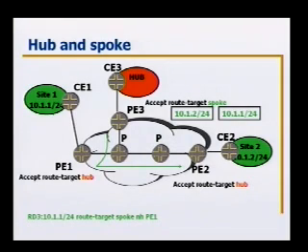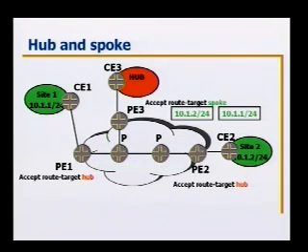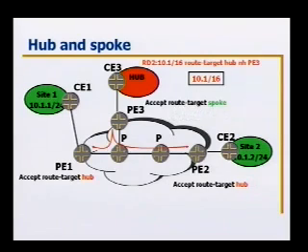Now the hub site is going to re-advertise these routes with community hub. So it's going to summarize them and advertise them out with community hub. So now both the spoke sites are going to accept this route. So when they forward traffic, the traffic is going to flow through the hub site.